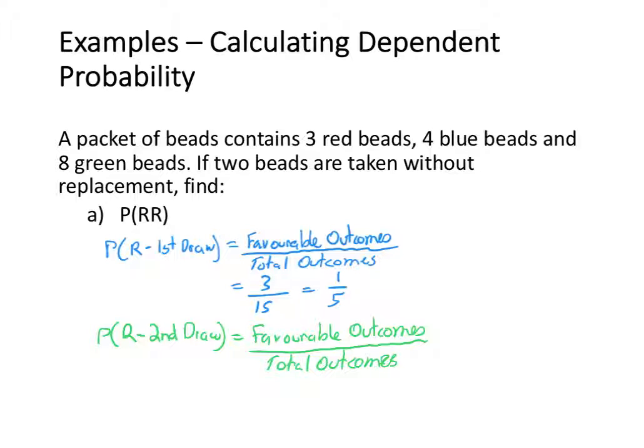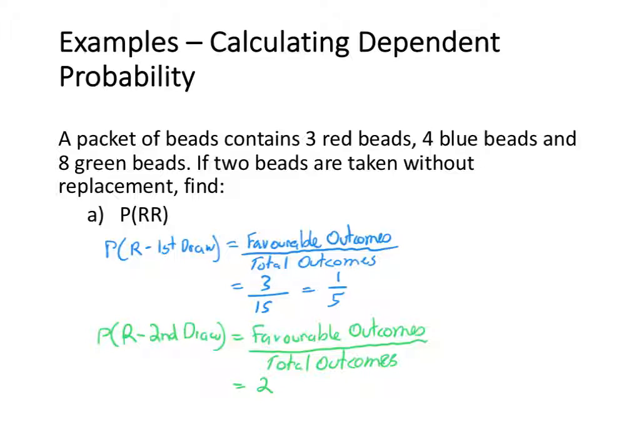My next step is to calculate the probability of getting a red bead on my second draw. Again, that's favourable outcomes divided by total outcomes. This time my favourable outcomes is going to be 2, because originally I had 3 red beads, but I've already drawn 1 red bead out, so that leaves me with 2 red beads left in the bag to choose from.